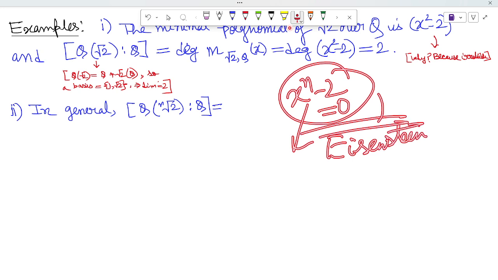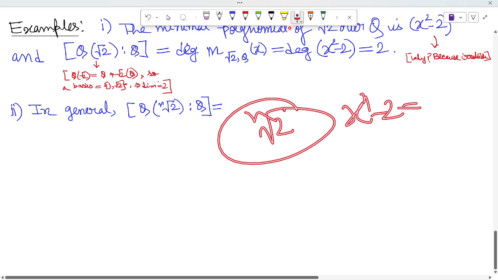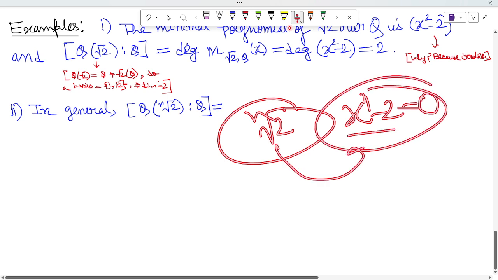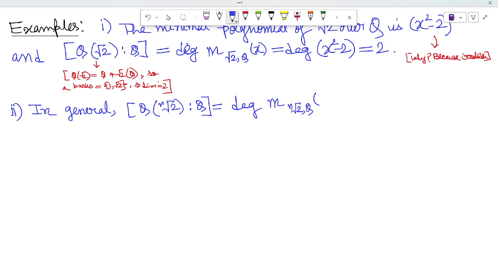I think p equal to 2 will work. So it is irreducible, and the nth root of 2 satisfies the equation x to the power n minus 2 equal to 0. So this is the minimal polynomial. So what is the degree of extension? This is the degree of the minimal polynomial of the nth root of 2 over Q, x, that is.